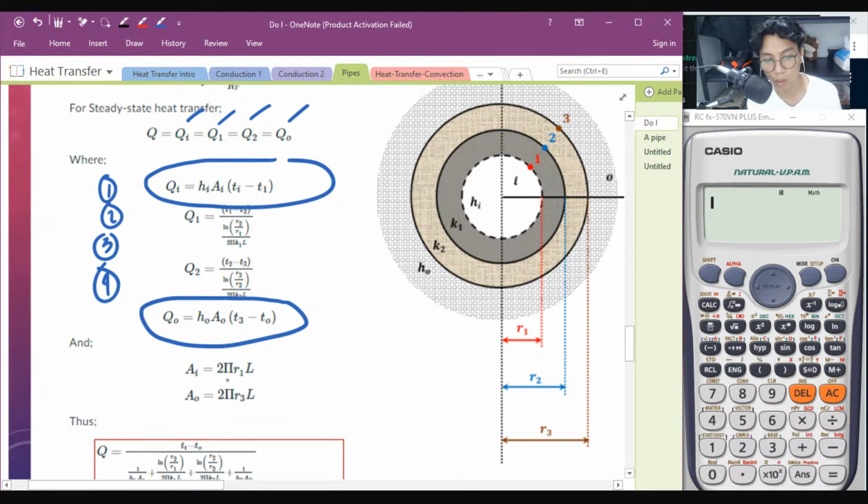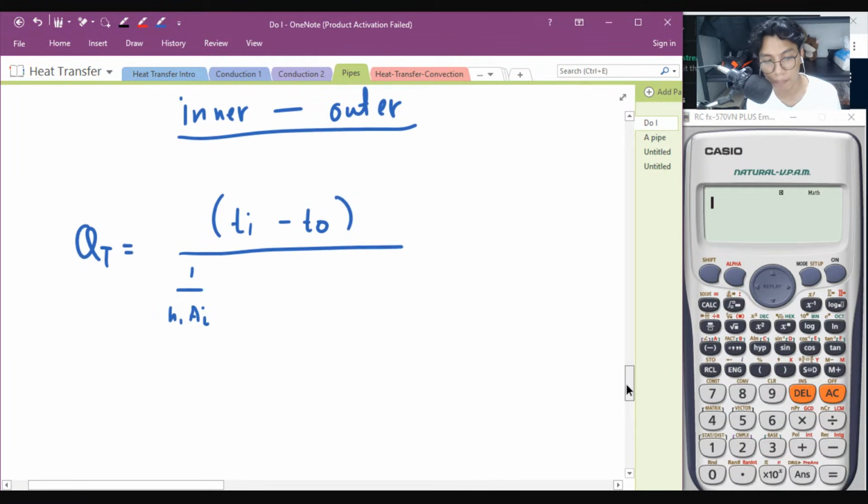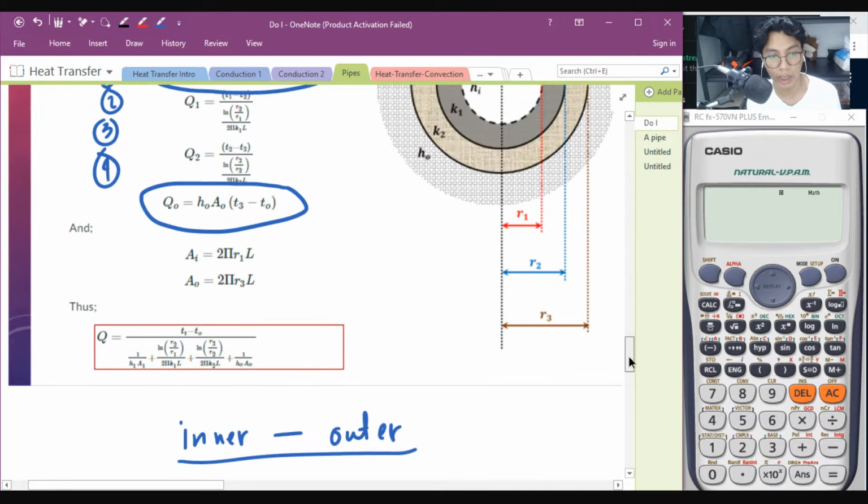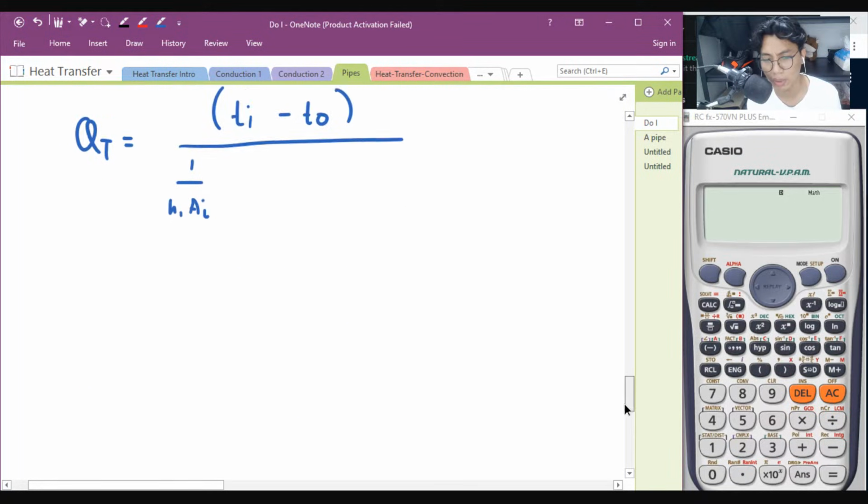Simple, it is 2 pi RL. That's basic. Where A1, or A inside, is 2 pi RL. Why is that, sir?